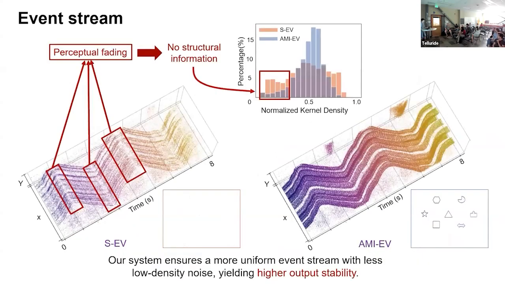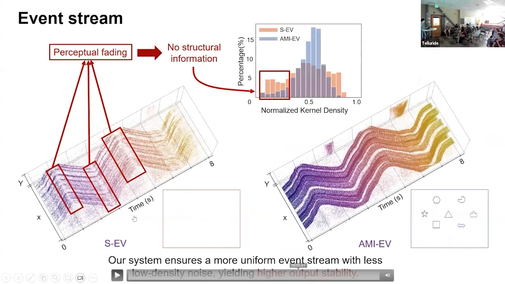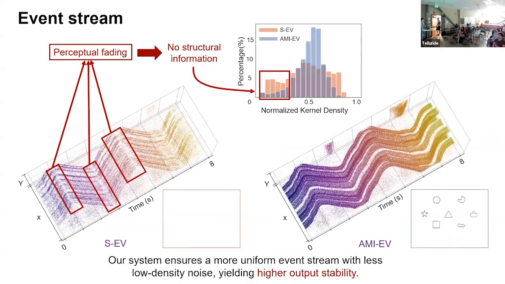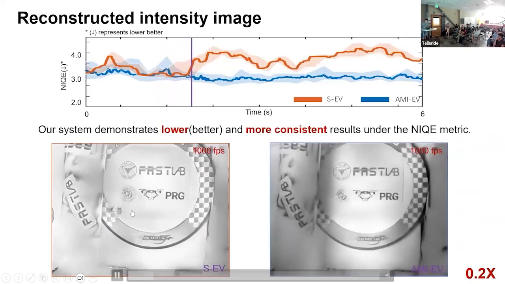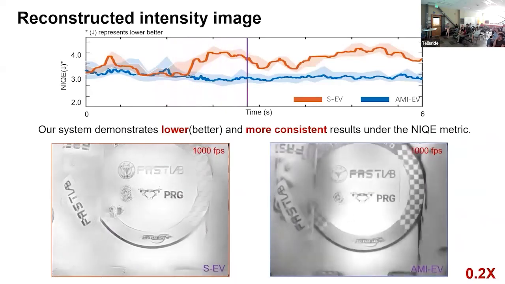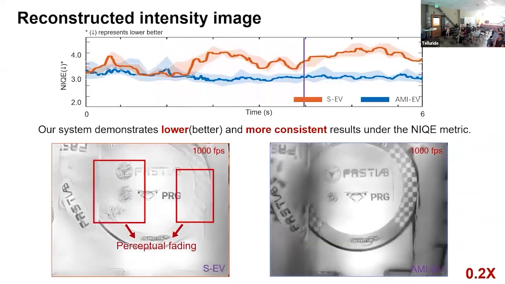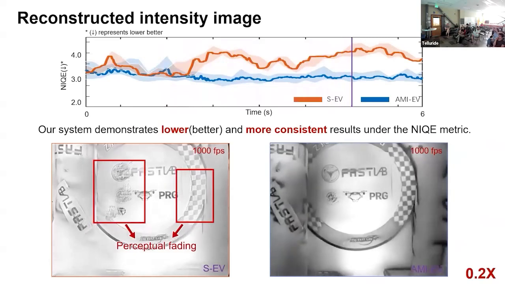For applications, with this kind of new hardware, we can explore many interesting things. For example, grayscale image reconstruction. Currently, as you can see, the quality is not that good and the motion is not compensated.